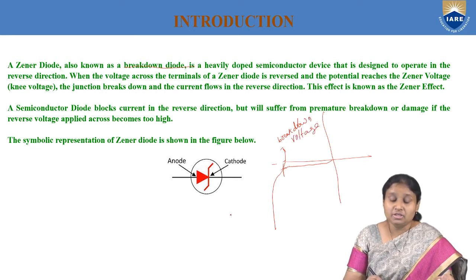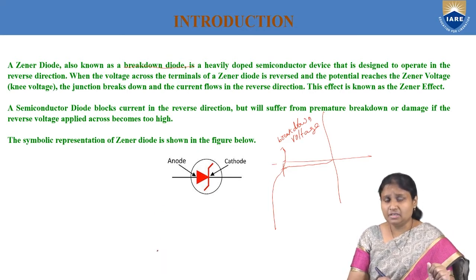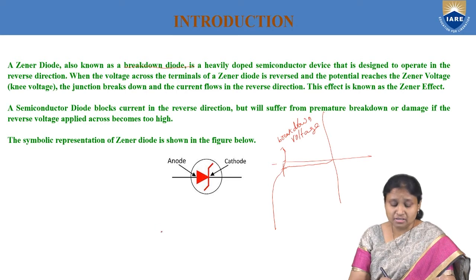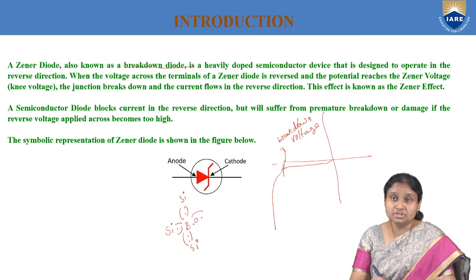And what do you mean by breakdown? Suppose I have taken a p-type semiconductor. What is the impurity we are adding in p-type? We are adding boron, and boron has 3 valence electrons. With those 3 valence electrons, it forms 3 covalent bonds with adjacent silicon atoms, whereas in the fourth bond one position is vacant, so it will try to accept an electron from adjacent silicon atoms. This hole takes part in conduction.